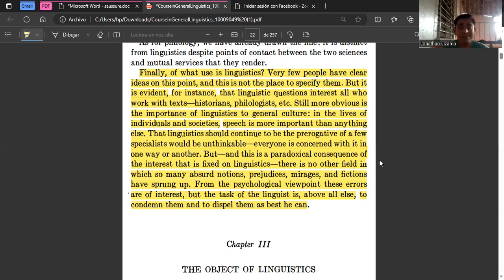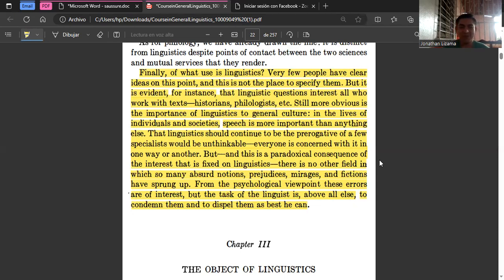Cuando terminaba sus clases, no le importaba, destruía su material. Así de simple. Esto que está acá fue encontrado por algunos de sus estudiantes y fue recopilado por sus pupilos y se creó su libro, Course in General Linguistics.